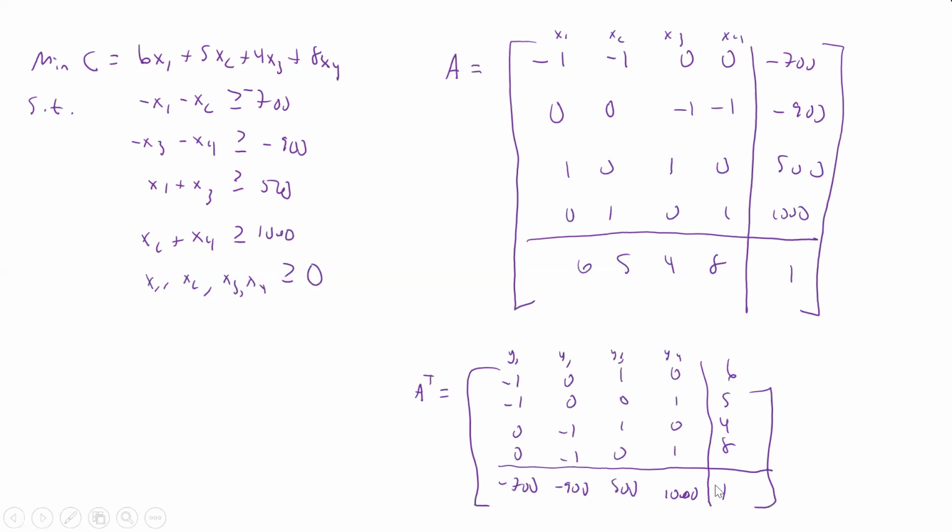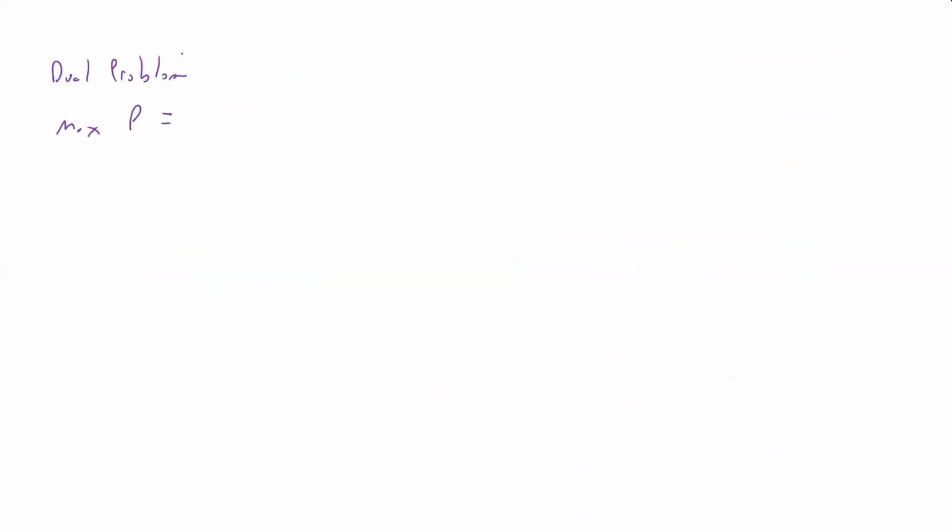All right, so we're going to maximize P equals. Now going off that bottom row, we're going to have -700 y1 -900 y2 plus 500 y3 plus 1,000 y4, subject to -y1 plus y3 less than or equal to 6.